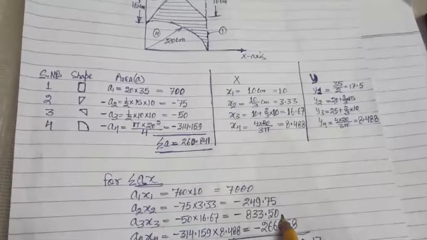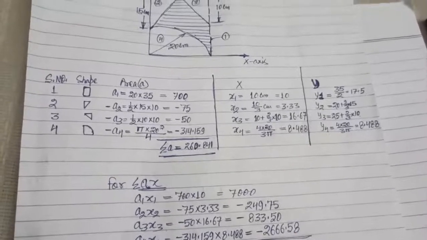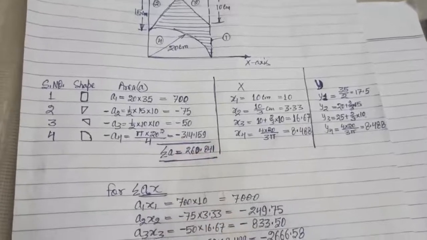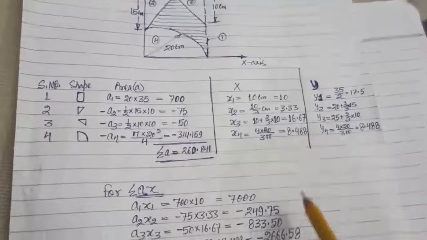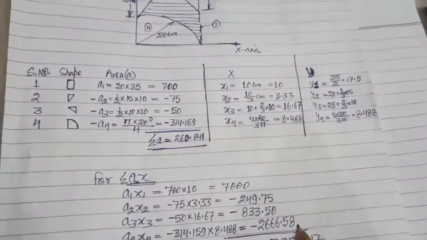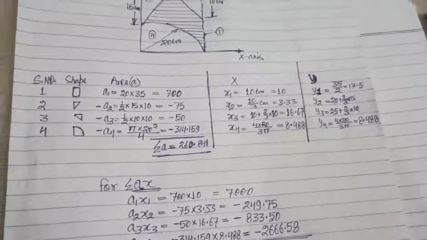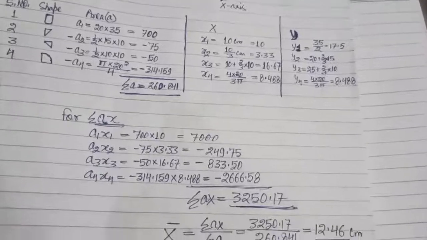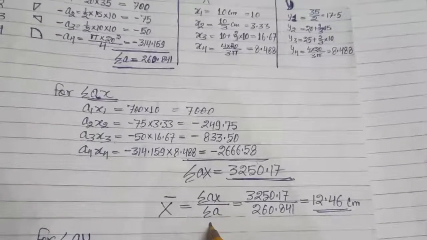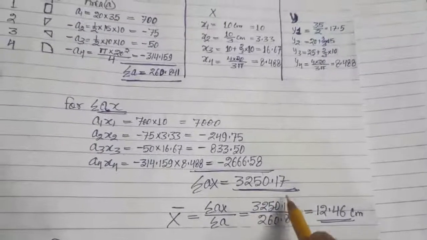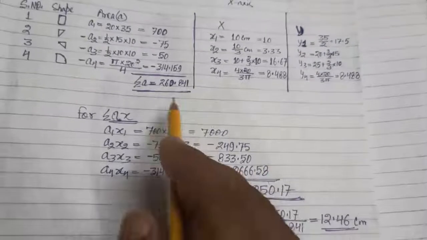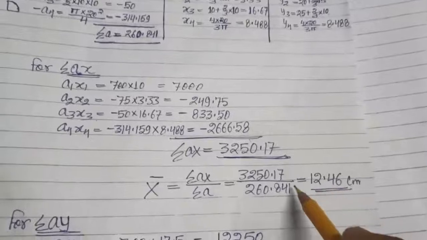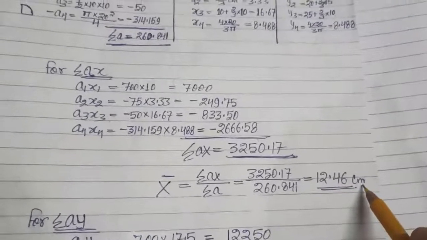And a4x4 is also minus 314.159 into 8.488. The summation of all these four will give 3250.17. Now x bar is summation ax upon summation a. So this is 3250.17 divided by 260.841, which gives x bar 12.46 centimeter.